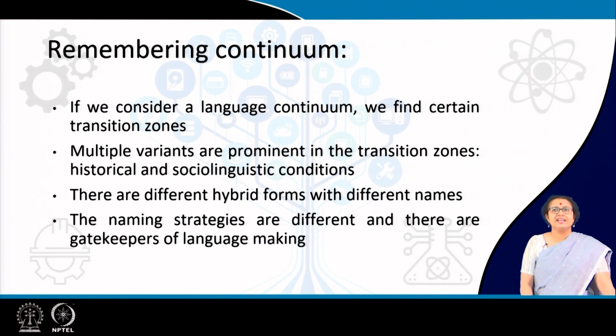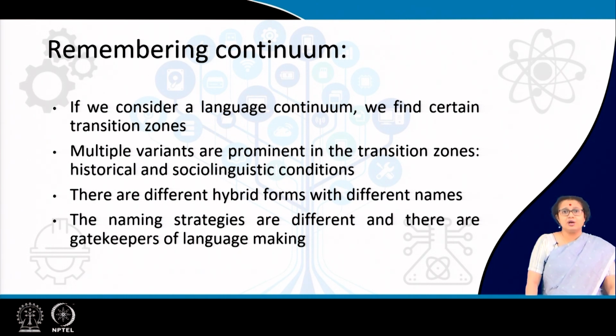You can see that Ethnologue always mentions alternative names for each and every language. So, this is the reason one language can have different names and hybrid languages can also have different names. So, the naming strategies are different. If you plan to figure out the naming strategies of the hybrids, you can figure out that there are certain gatekeepers of language making.